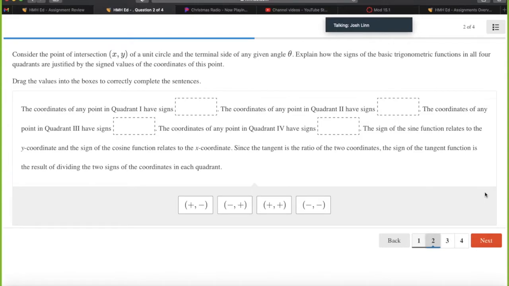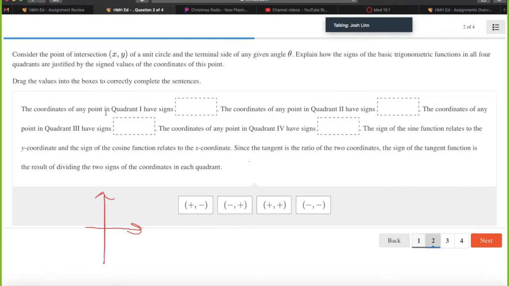Consider the point of intersection (x, y) of a unit circle and the terminal side of any given angle theta. Explain how the signs of the basic trigonometric functions in all four quadrants are justified by signed values of the coordinates of these points. I'm just going to draw a picture real quick, because that helps me.